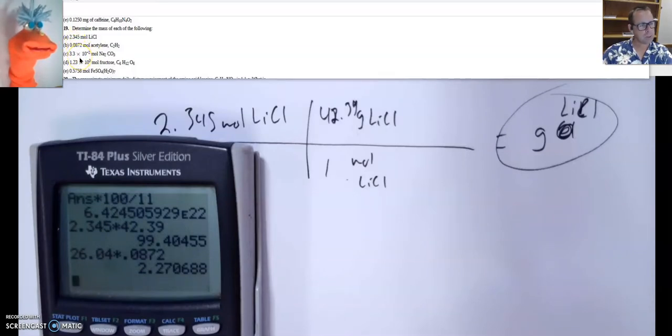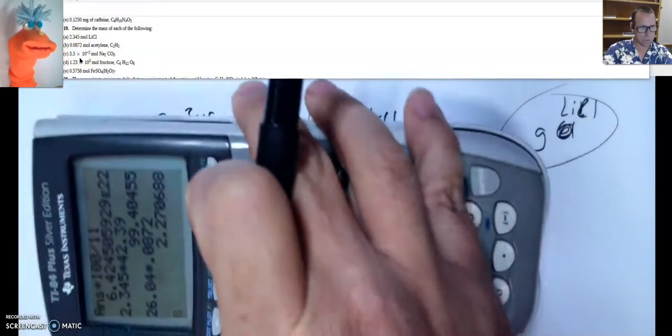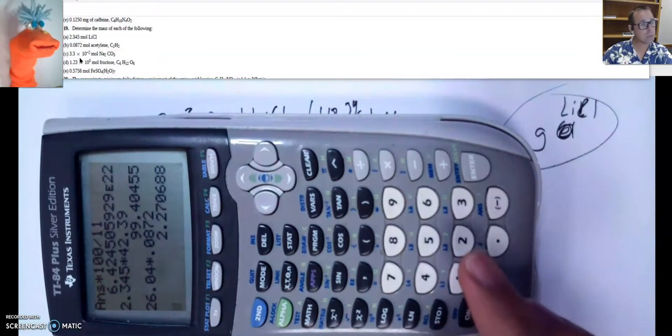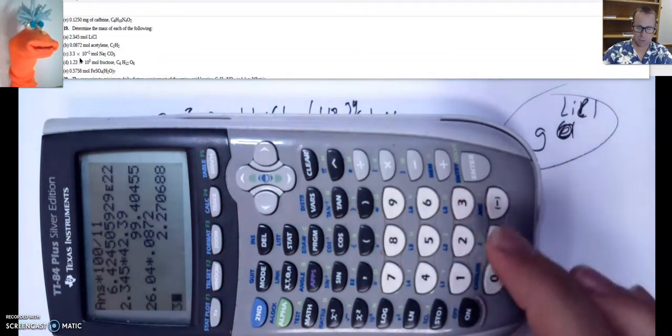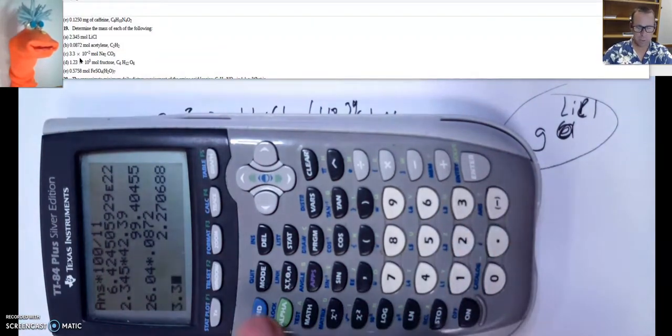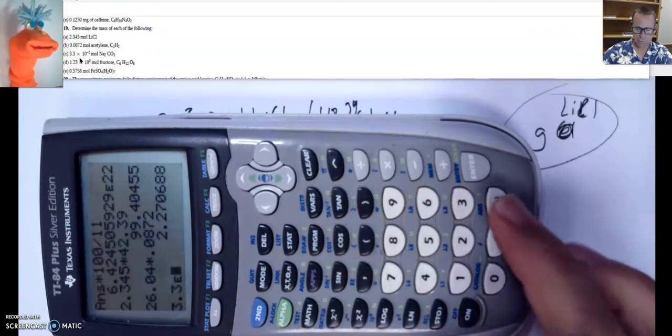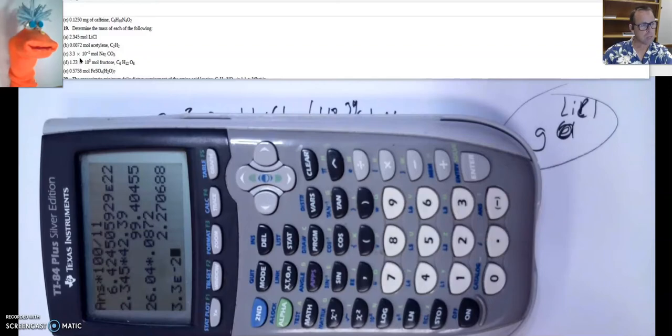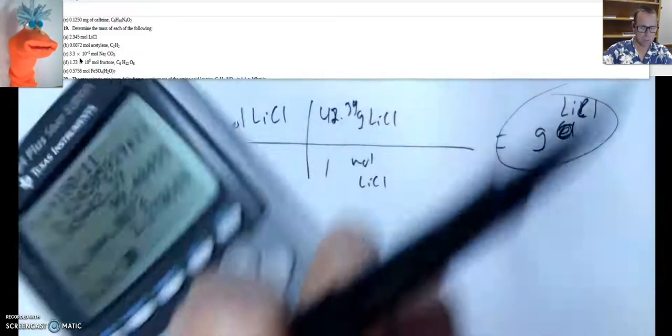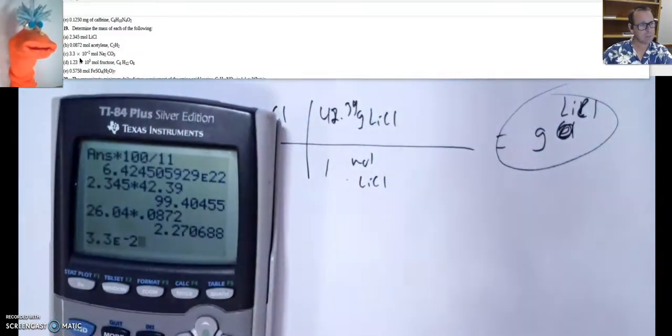All right, C, 3.3 times 10 to the minus 2 moles of sodium carbonate. Now, here's how I write that in scientific notation, 3.3 times 10 to the minus 2. All right, so that's moles, and now I'm going to multiply it by 106, is that what it is?